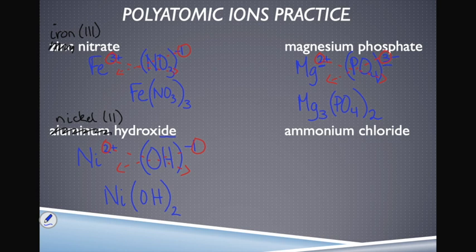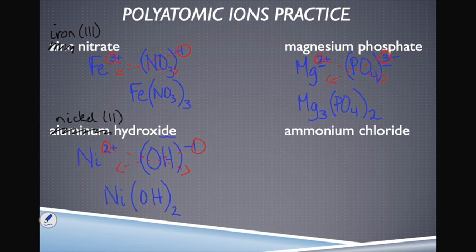Last example, ammonium chloride. Ammonium chloride demonstrates something, and I put this on here very specifically, almost like I know what I'm doing when it comes to teaching about ionic compounds. Ammonium is a cation that is a polyatomic. So ammonium is not a metal. Don't look for it on the periodic table.